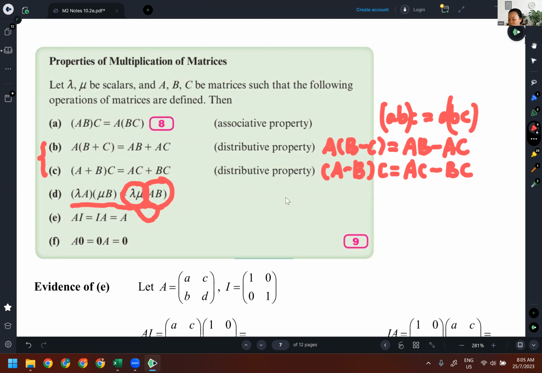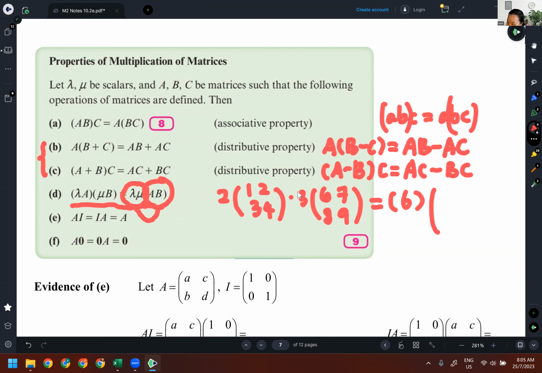Okay? I'll show you one example. For example, 2 times [1, 2, 3, 4] times 3 times [6, 7, 8, 9]. That means you put 2 times 3 first, that's 6. And then you put [1, 2, 3, 4] and [6, 7, 8, 9].